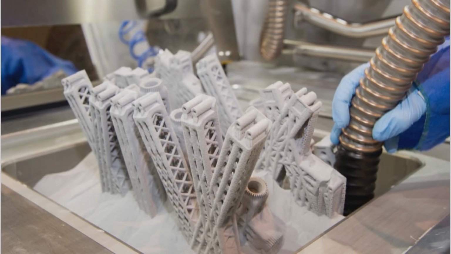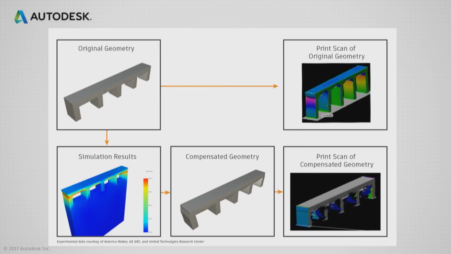Now, prints like this and countless others in metal are limited by bed size. But that's what our applied research lab here at Autodesk is working to overcome, the bed size constraints of metal.